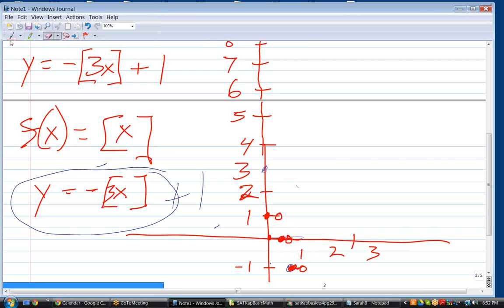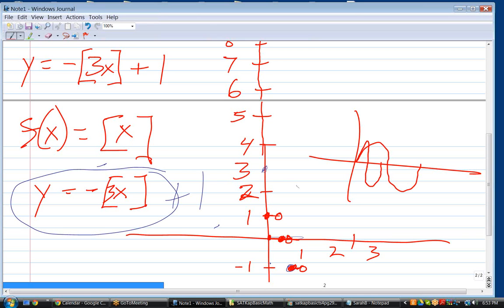Which I guess is a similar thing if you were to take a sine curve and apply a horizontal scrunch, it would do that. In essence, that's what we've done to the greatest integer function here.